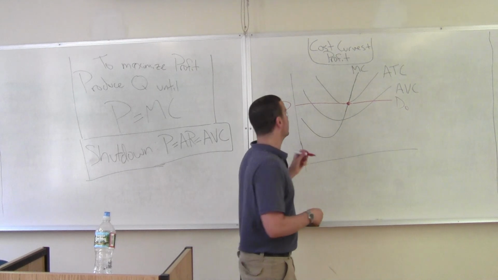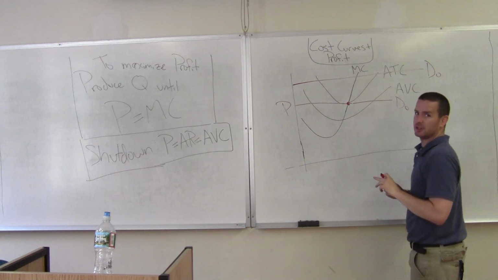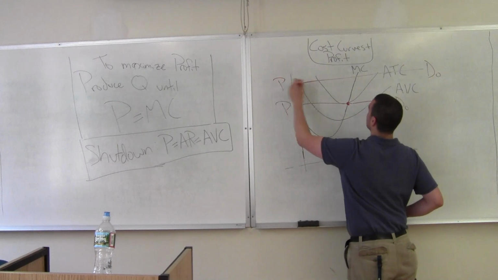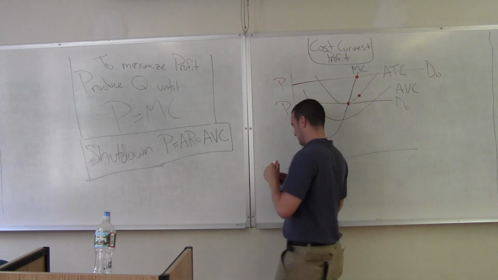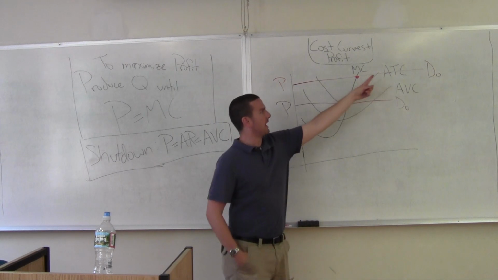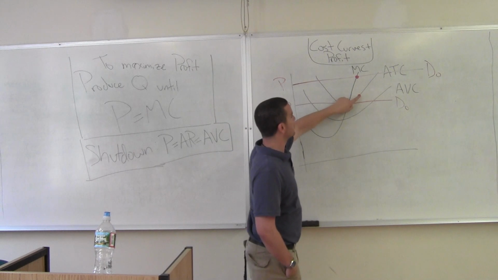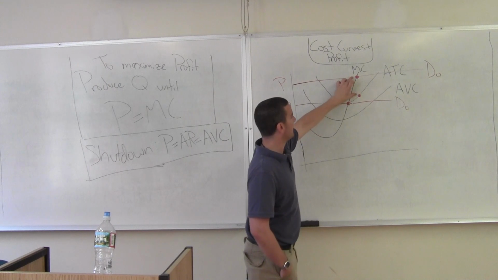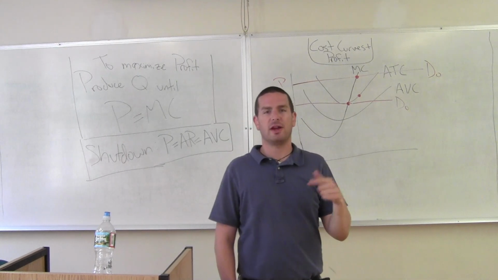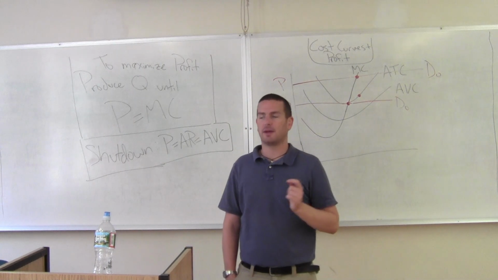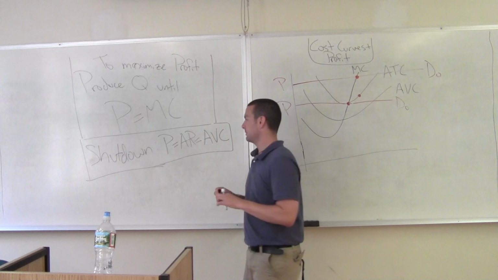You will make profit if this is your demand curve, right? Because this will be your price. If this was your demand curve, then your average revenue would be up here, and your average total cost would be down there. So that difference would be profit. You will make profit if the price is greater than the average total cost. Okay? But for now, let's just write break even on the board.